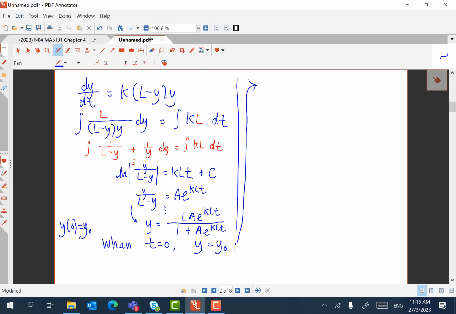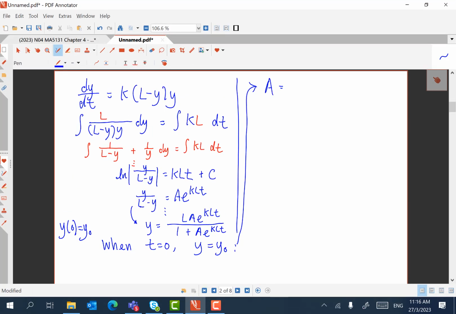So you put t as 0 and y as y naught, and then you will get your a to be equal to, I will just expect you to do the arithmetic. It becomes y naught divided by L minus y naught.